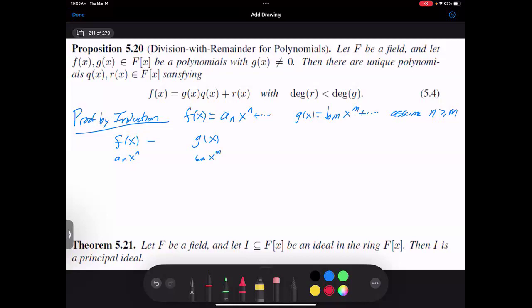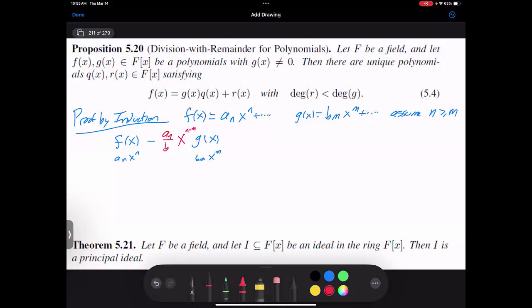x to the n minus m. And then what coefficient do I want to put in? I want to cancel out the leading term, which is a_n x to the n.